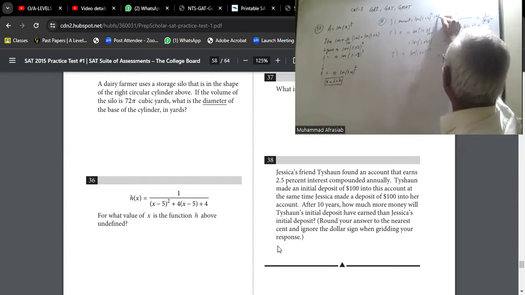So this is the value of Jessica's account and this is the value of Taishan's account. So we will find the difference of these two.